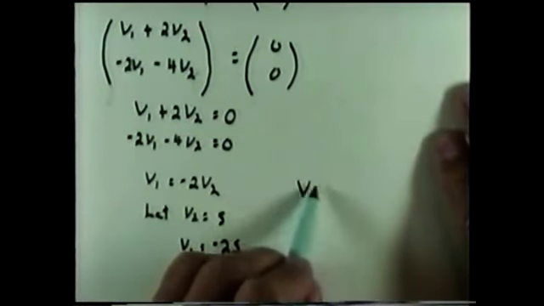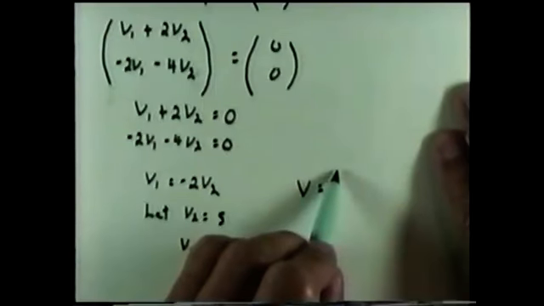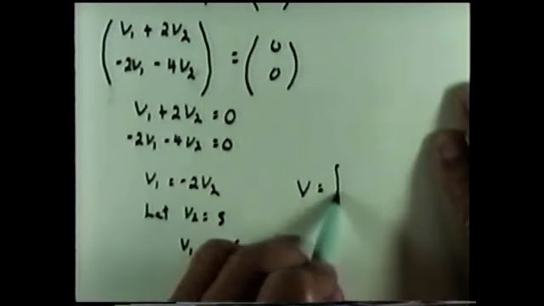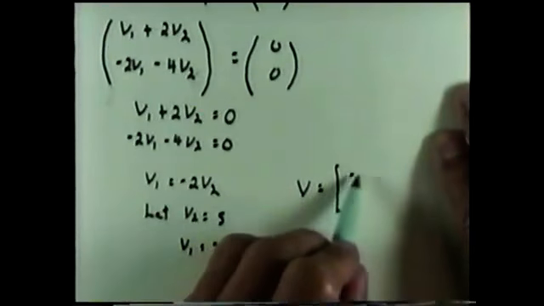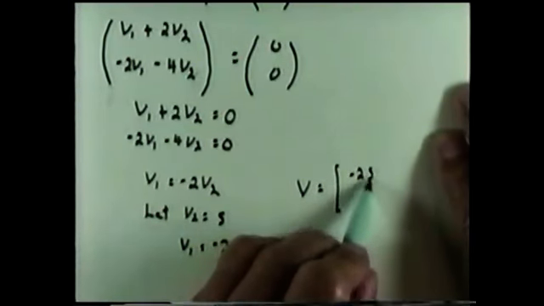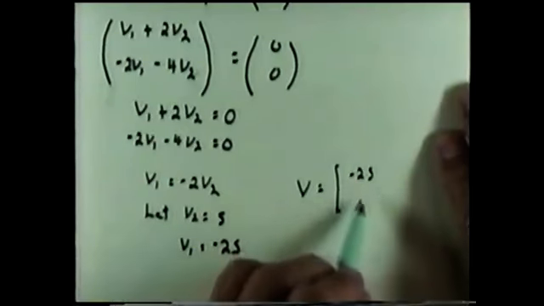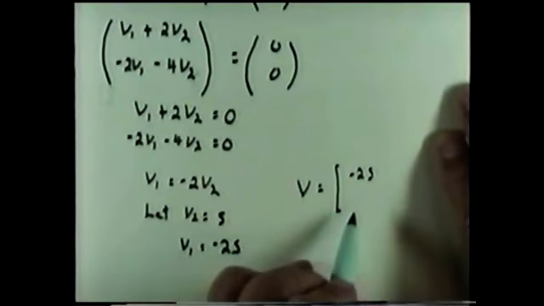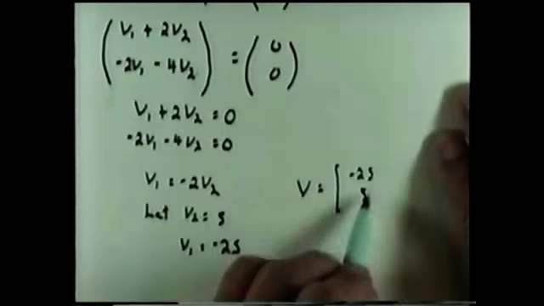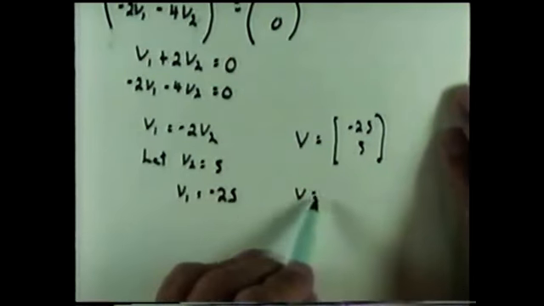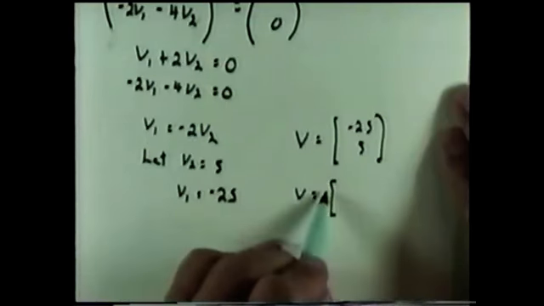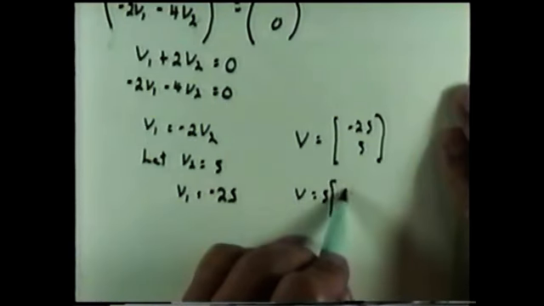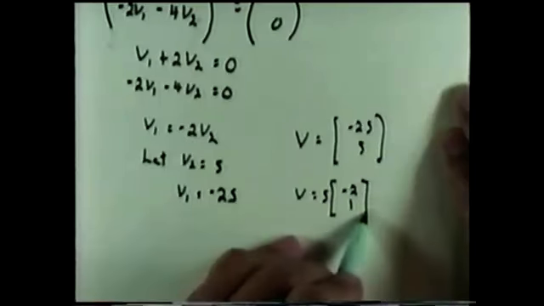So I would have v is equal to the vector [-2s, s], or v is equal to s times [-2, 1].